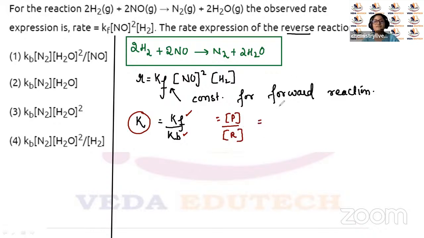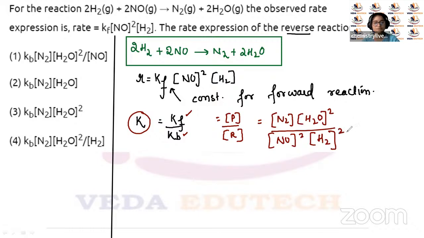So can I write here the concentration of product will be N2 H2O to the power 2 divided by NO to the power 2 into H2 to the power 2, right?